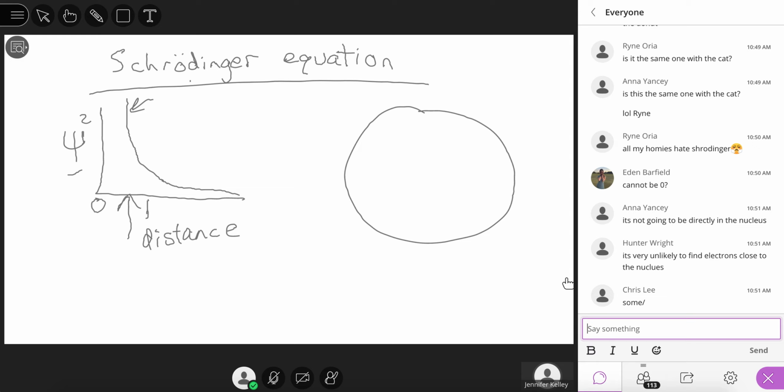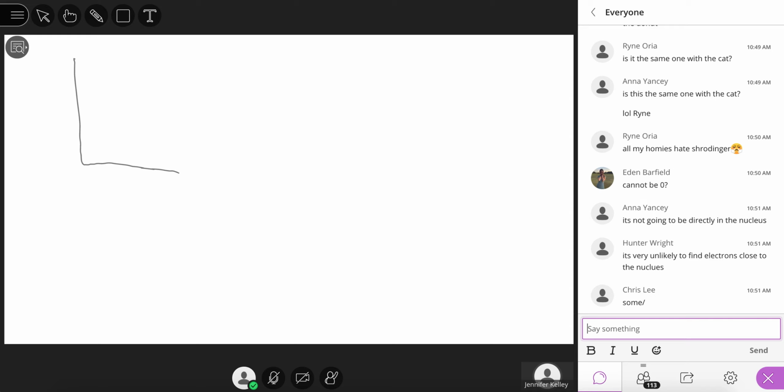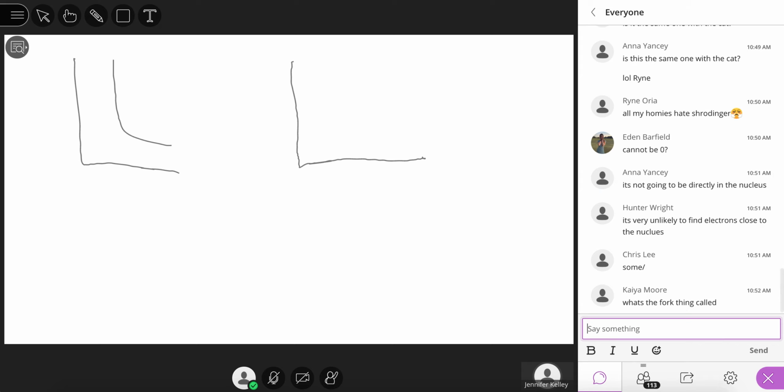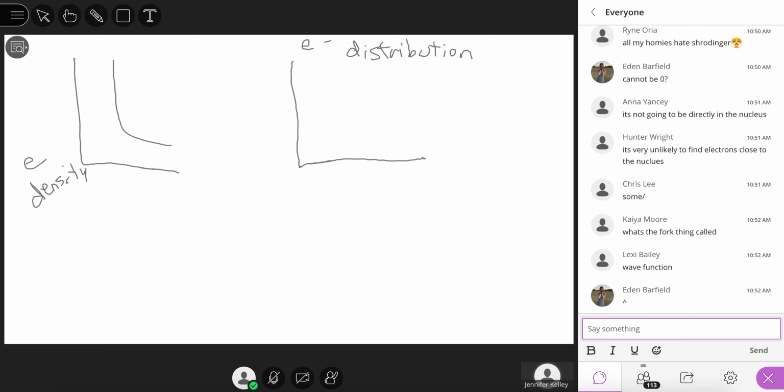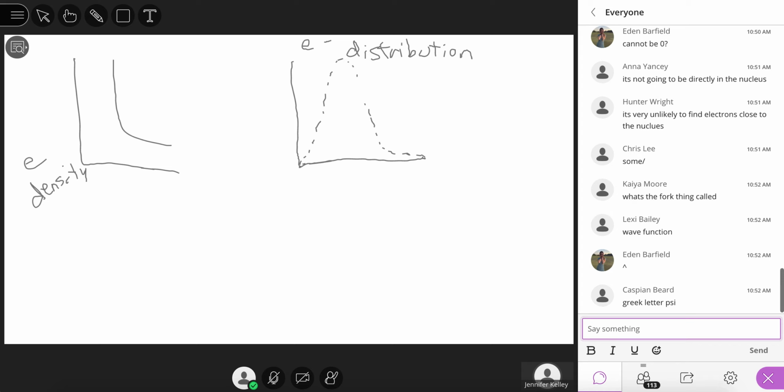So the other thing that we have, so we got this one, which is the electron density. And this one is the electron distribution. This one starts at 0, goes up and comes down, depending on which orbital you're talking about.